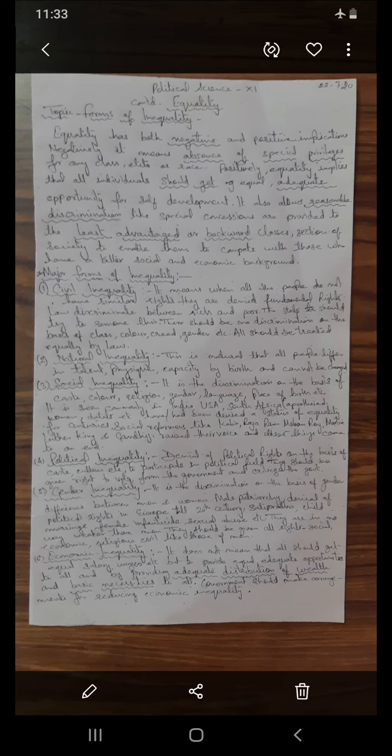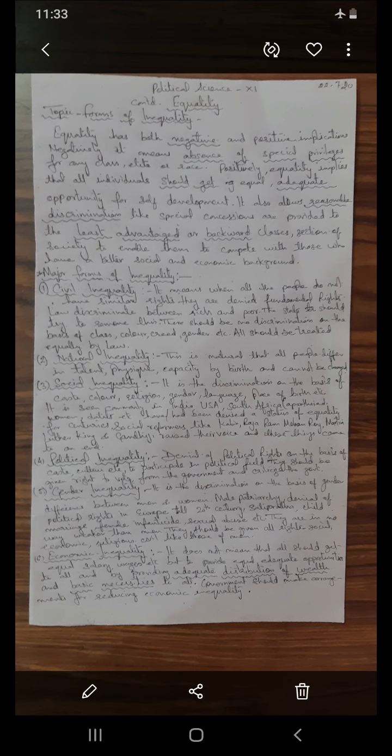No, that is not correct. Why? Because the people who are working so hard will get the same as the people who are doing very little or no work, with the same amount of money, salary or facilities. So that is not just.